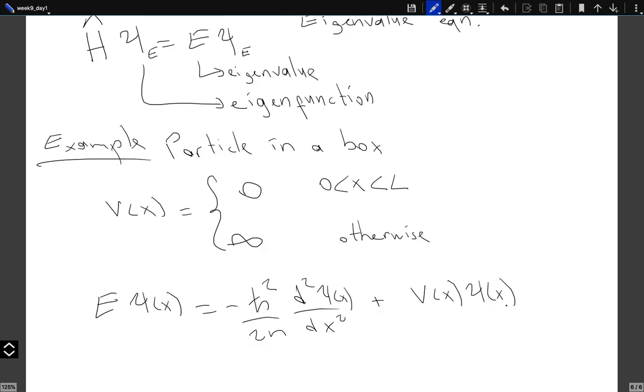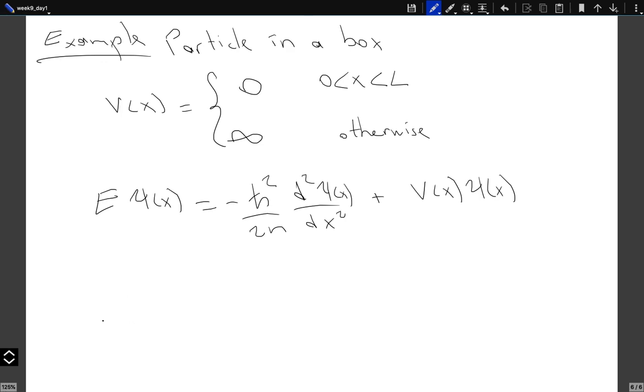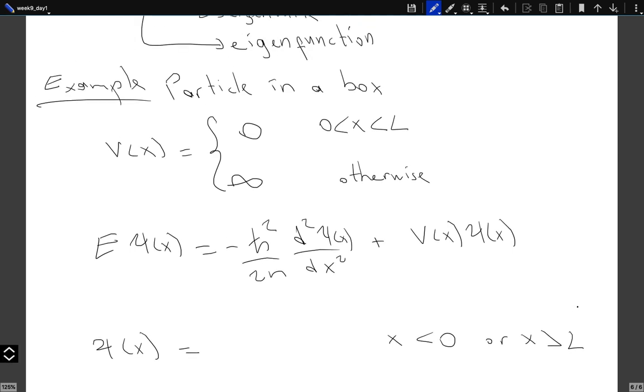So let's see, what can be my wave function if x is less than 0 or x is larger than L? Outside the box, what does my equation tell me about my wave function? You see, V is infinite, but energy is finite.